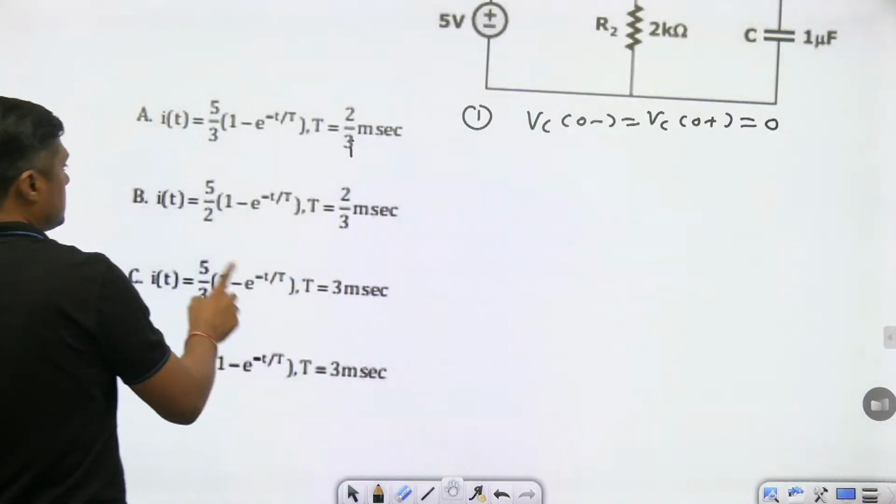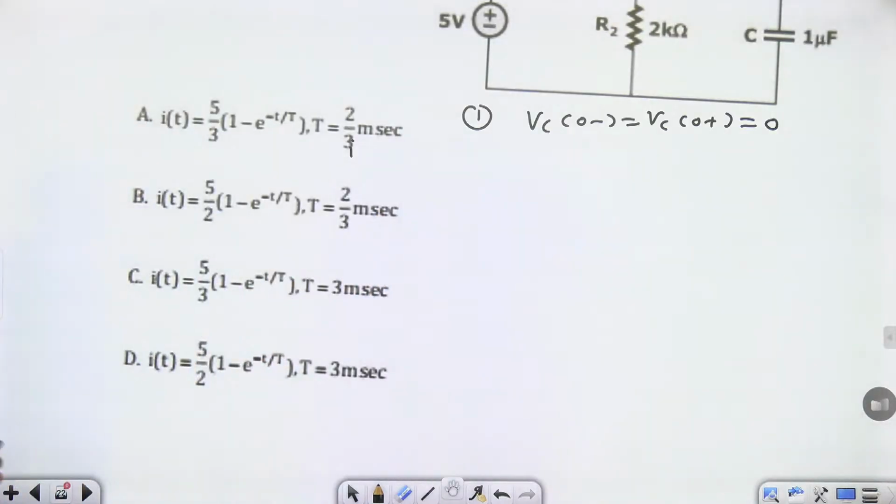These are the options, guys. You can take a screenshot of that. 5 by 3 (1 minus e raised to power minus t by tau), where tau is the time constant, is 2 by 3 millisecond, 3 millisecond, 2 by 3 millisecond.